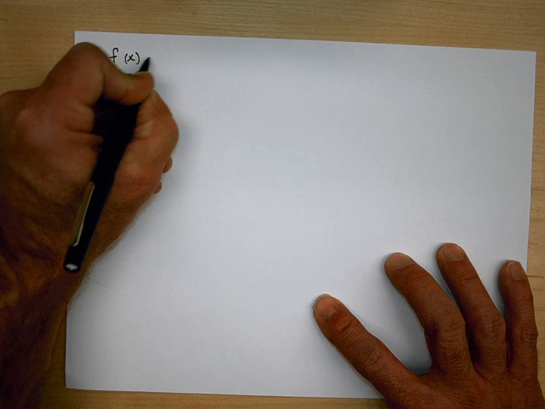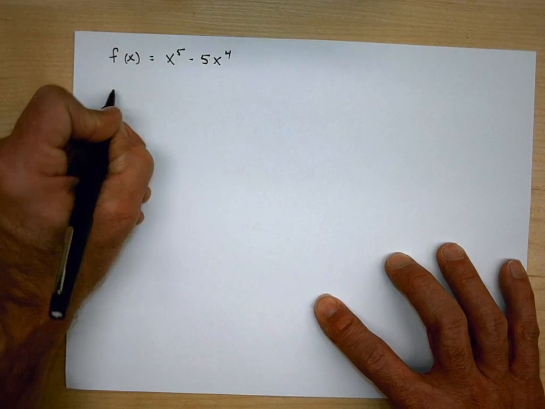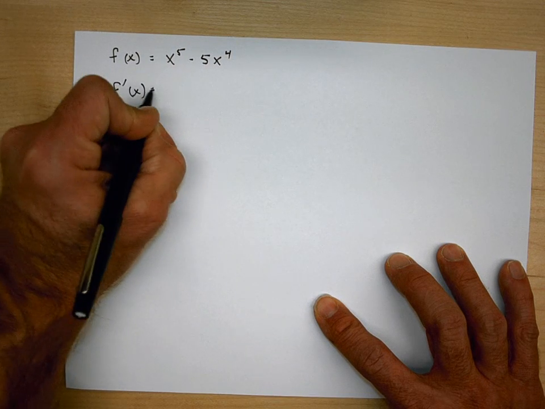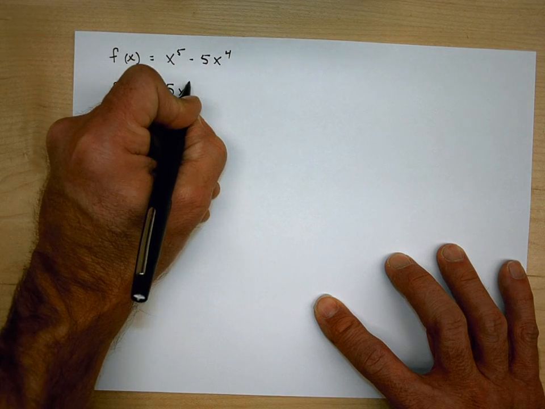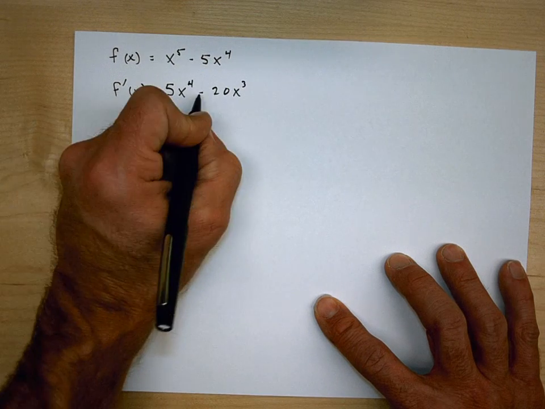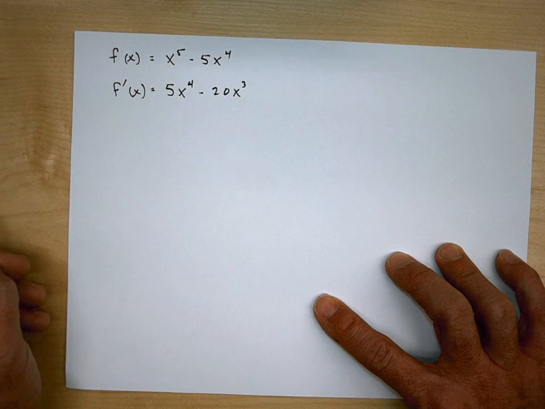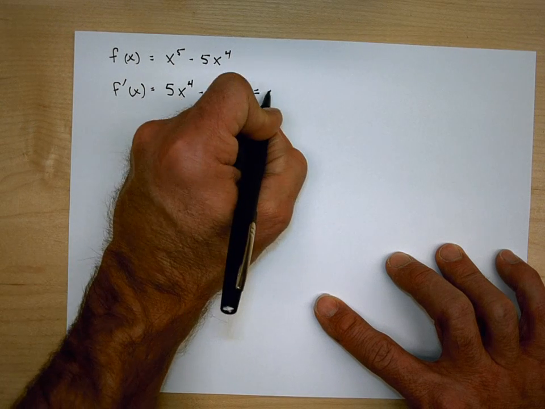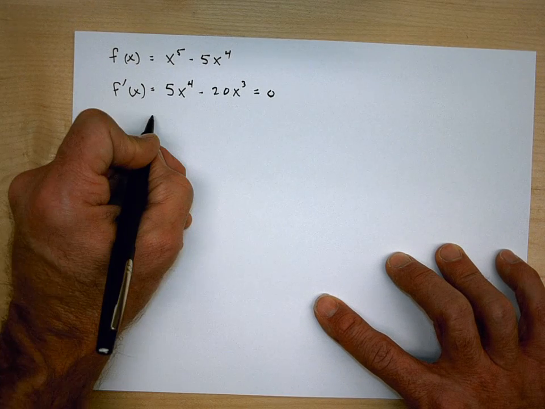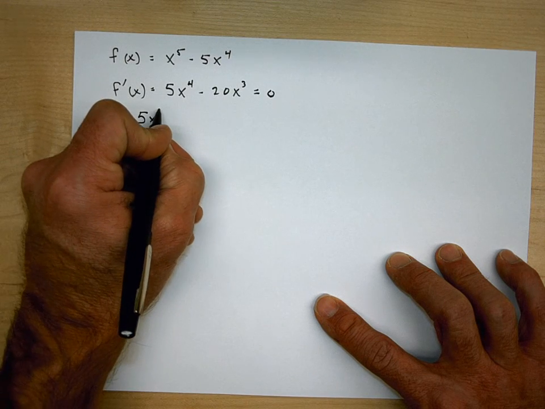So if we have f of x equals x to the 5th minus 5x to the 4th, f prime is 5x to the 4th minus 20x cubed. And we need to find, last time we didn't find the critical points. Here we need to because we want to know if those critical points are a max or a min. So we set that equal to 0. Let's pull out 5x cubed, right?